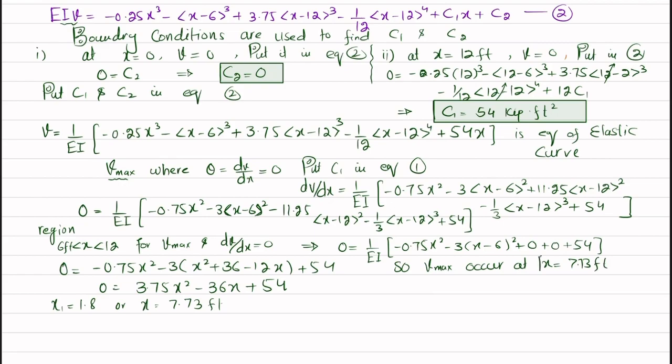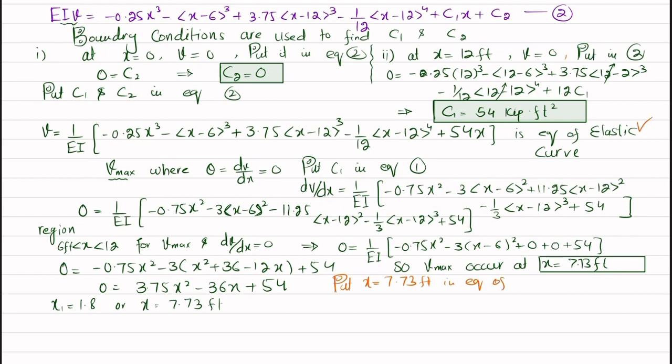Now we are interested to find out the maximum deflection in region AB. So what we will do is put x equal to 7.73 feet in equation number 2, or this equation of elastic curve.